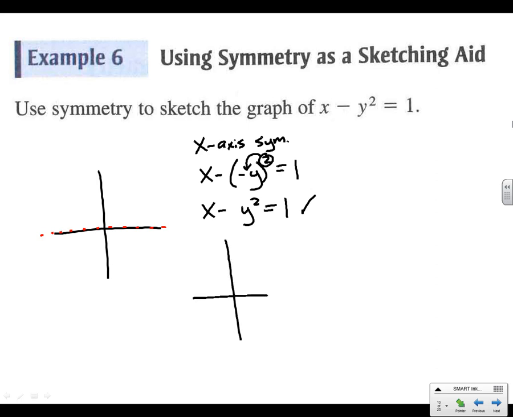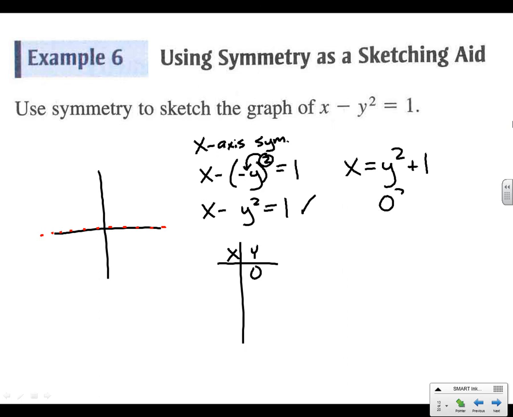So let's start. Oops, don't want a coordinate plane, I want a t-table. Let's start with a t-table. X and y. I'm going to plug in 0 for y to start. And I'm going to move the y squared to the other side to make this a little easier. So if I plug in 0, 0 squared plus 1 is 1.